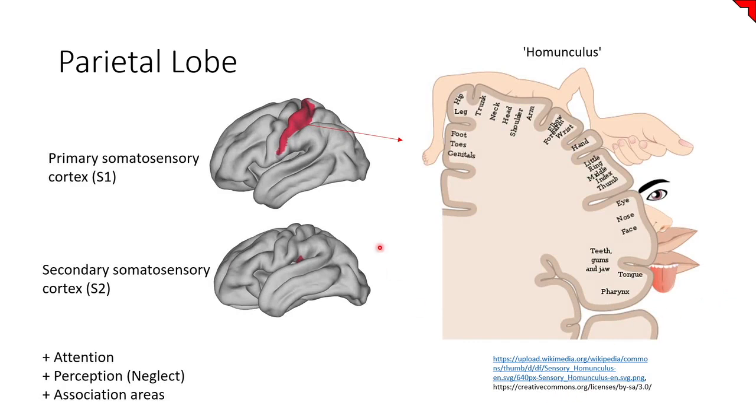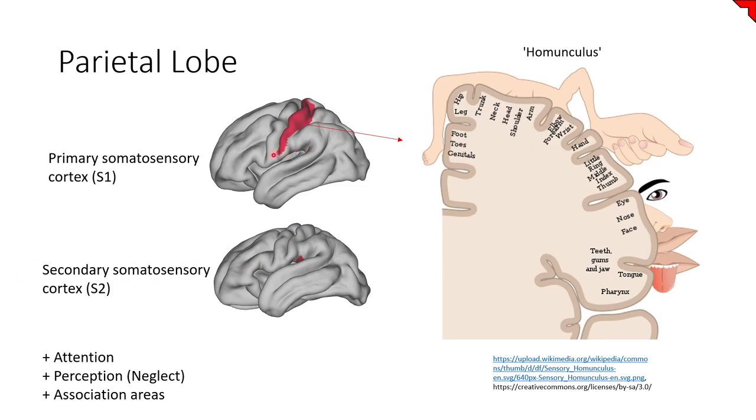And there we differentiate between the primary somatosensory cortex, which lies on the postcentral gyrus, sorry, it's a very German, Latin, English mix, and which is intensely connected to the secondary somatosensory cortex.